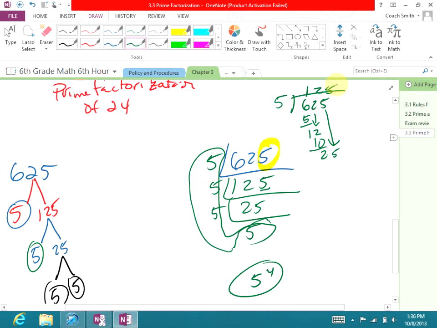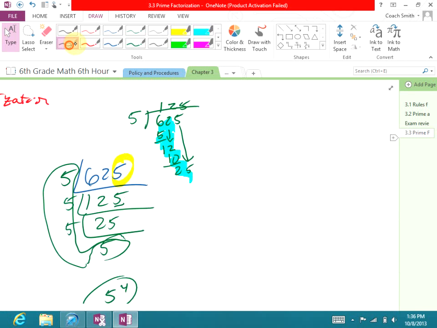That's all inverted division is. You're just simply dividing instead of doing it like this, where you've got all this stuff below it. How I'm really doing it in my head is I'm doing this. 5 goes into 6 one time with the remainder of 1, and I put it right there. 5 goes into 12 2 times with the remainder of 2, and I put it right up there. 5 goes into 25 5 times.